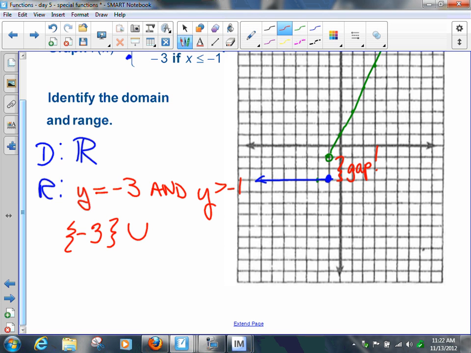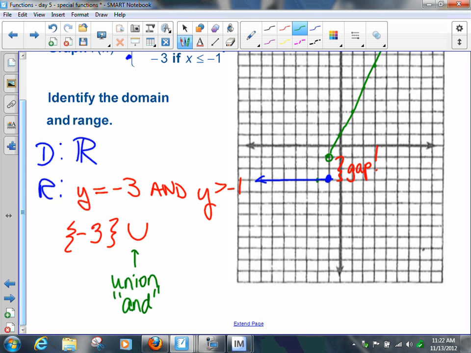It is not a typical U. It is the union symbol, which means and, okay? Union of two sets, and. So it's a union, which means and.